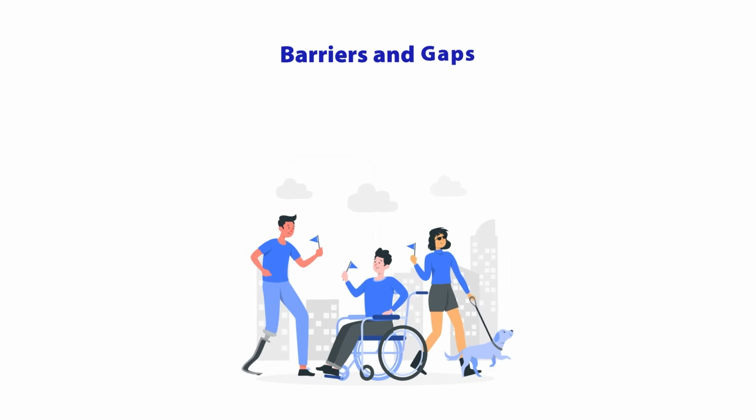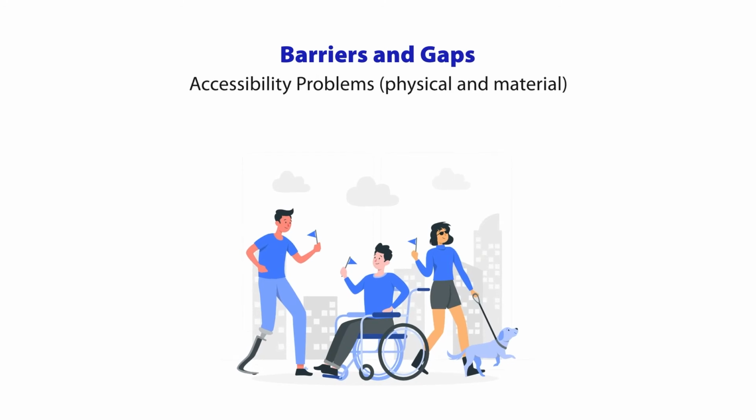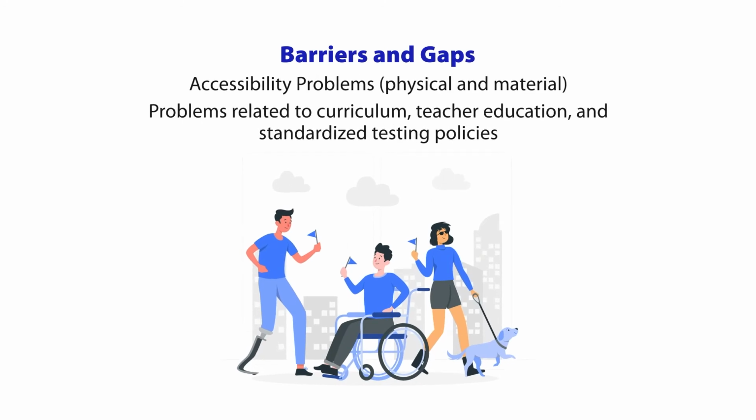But under this, we have many barriers and gaps also. Under that, we can talk about the accessibility problems. When we talk about accessibility problems, it can be physical or material also.